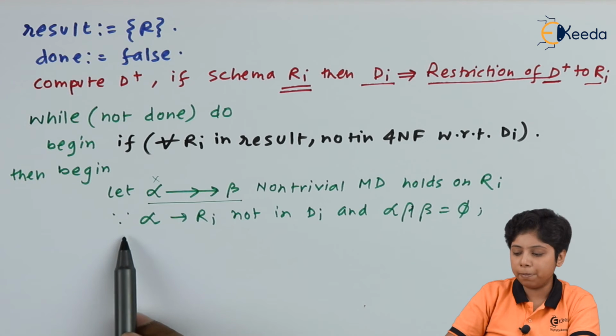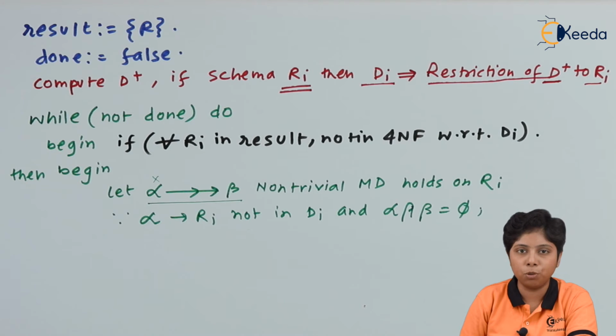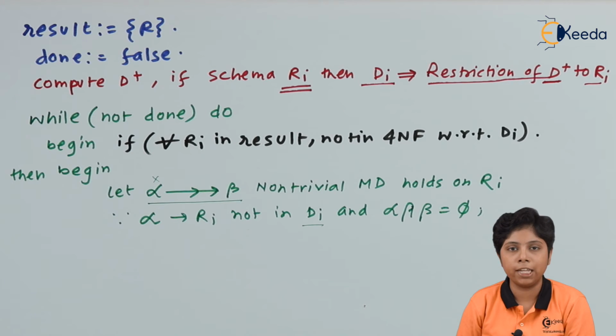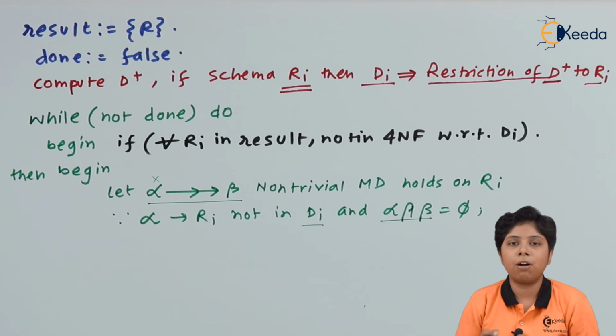Now this will happen in such a way that alpha defines Ri, which we have just proved is not in Di. So we cannot make the restriction that alpha defines Ri into the Di in such a way that there is nothing intersected between alpha and beta. Now alpha and beta have nothing in common.